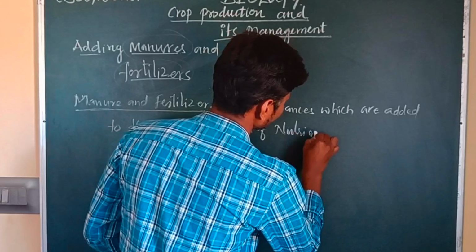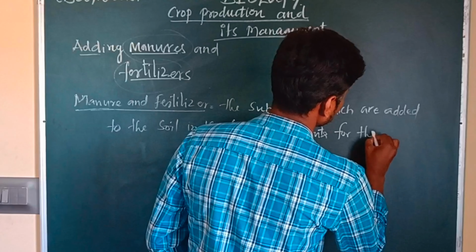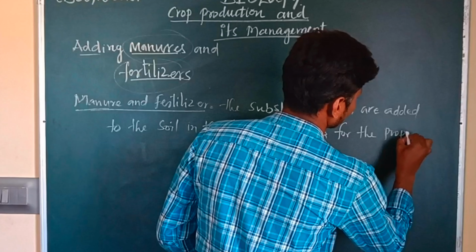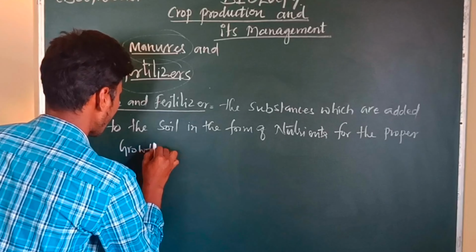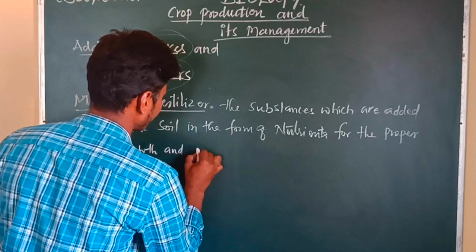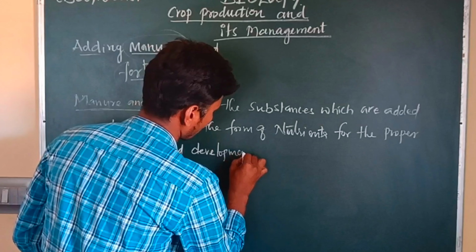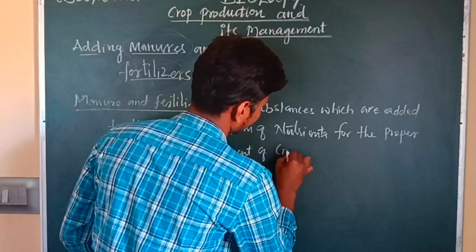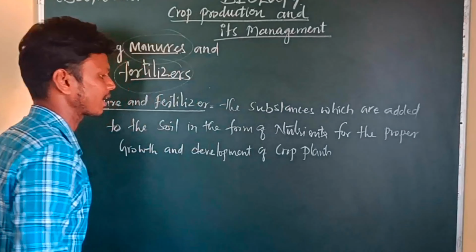For what? For the proper growth and development of croplands. Okay, so this is the definition for manures and fertilizers.